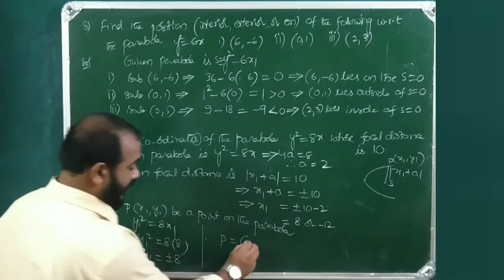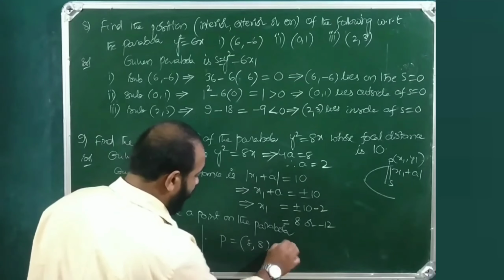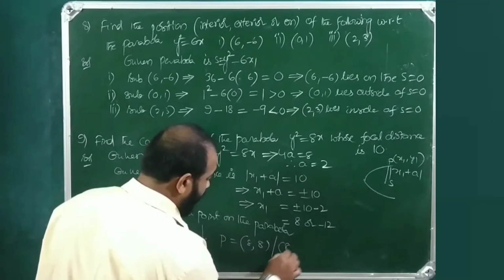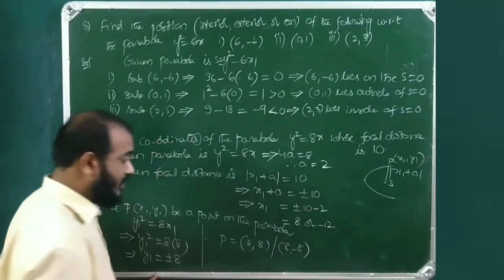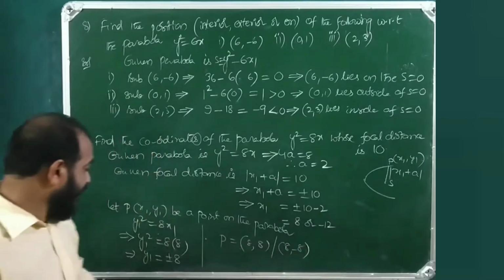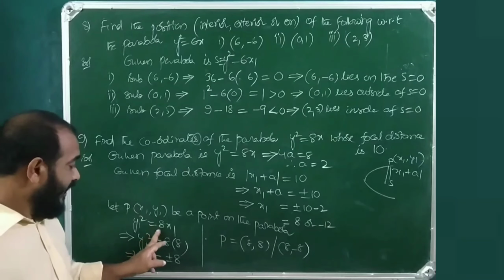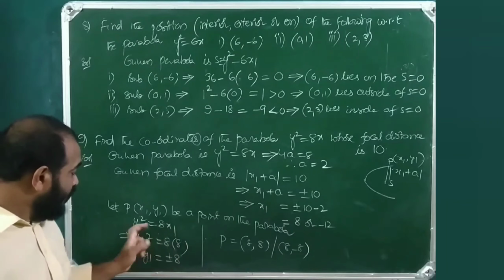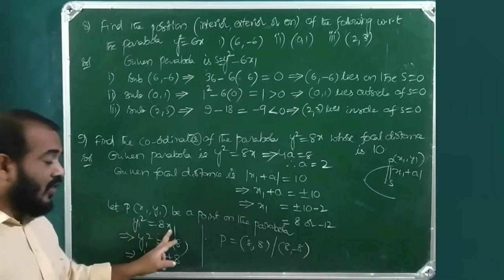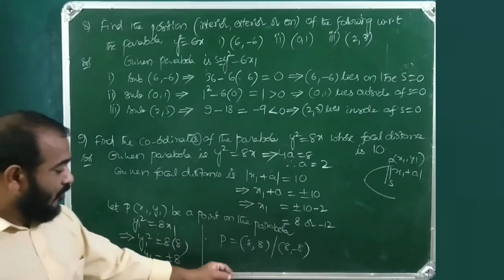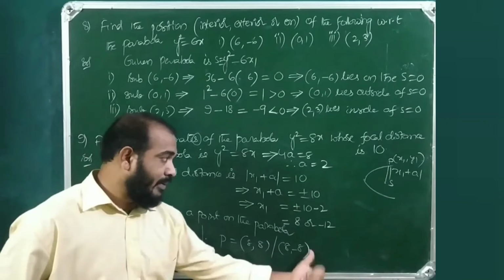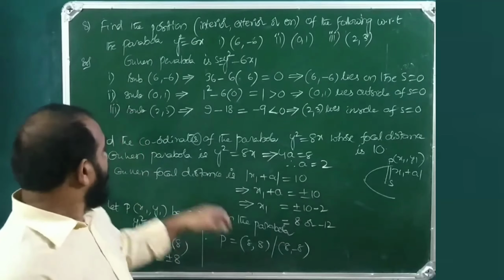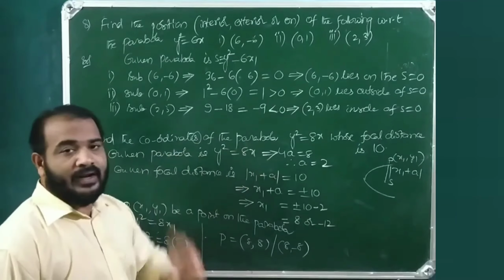So here 8 comma 8 and 8 comma minus 8. So minus 12 cannot be taken and substituted here, because 8 into minus 12 is something negative, and y1 square cannot be negative. Therefore 8 comma 8 and 8 comma minus 8 are the coordinates of the parabola.